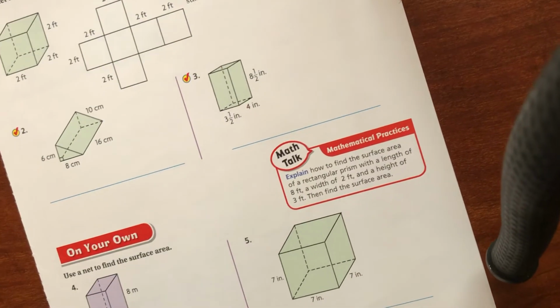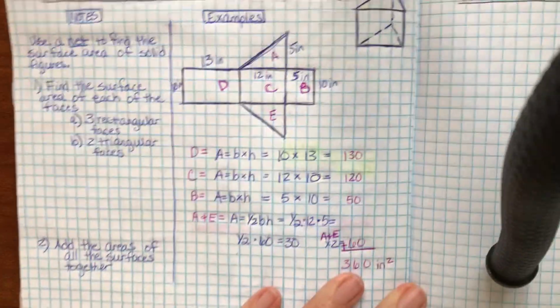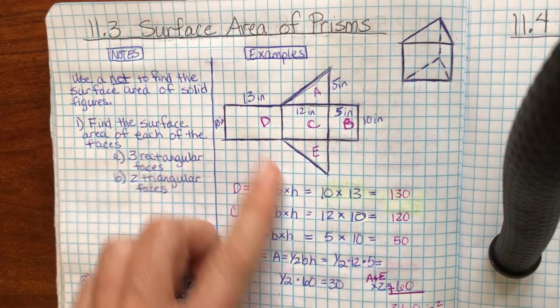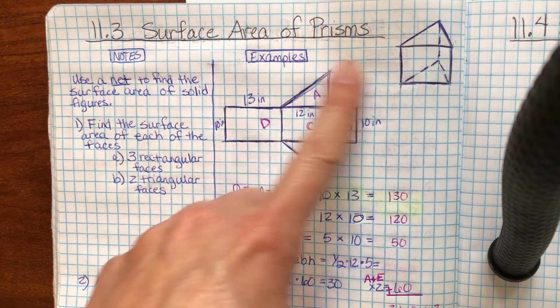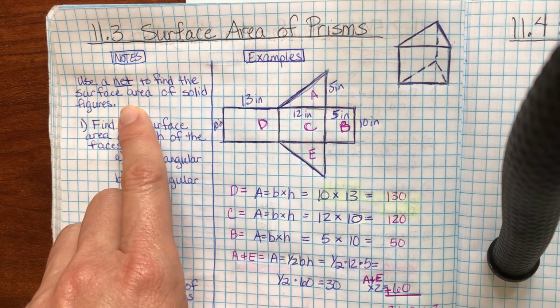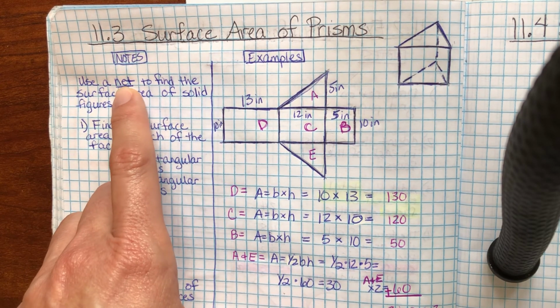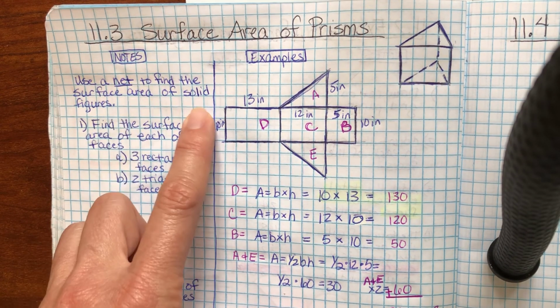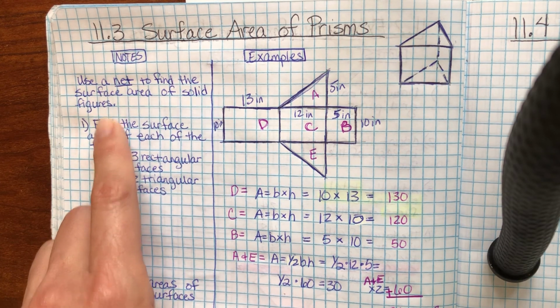All right, let's take a look at our notes. So basically all we did today was you take a solid figure, open it up, and make a net. So we're going to use a net to find the surface area of solid figures.